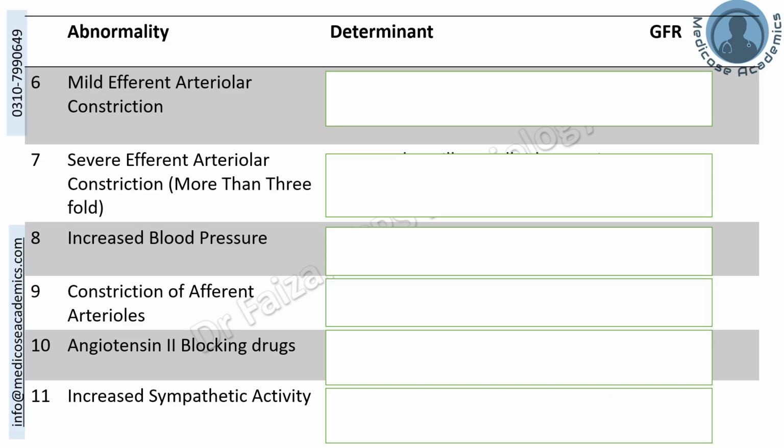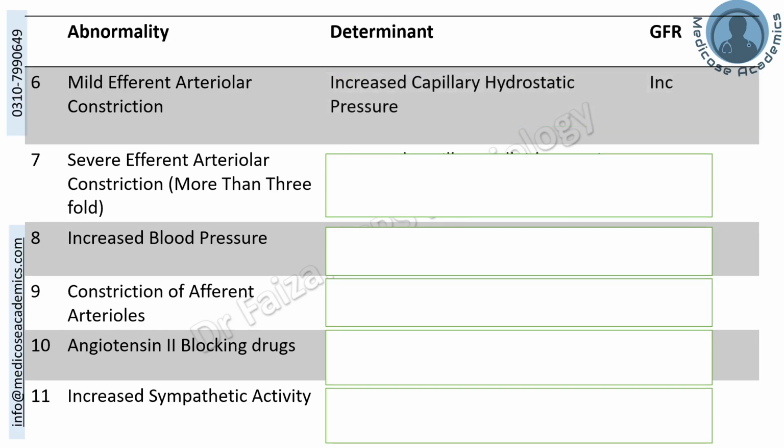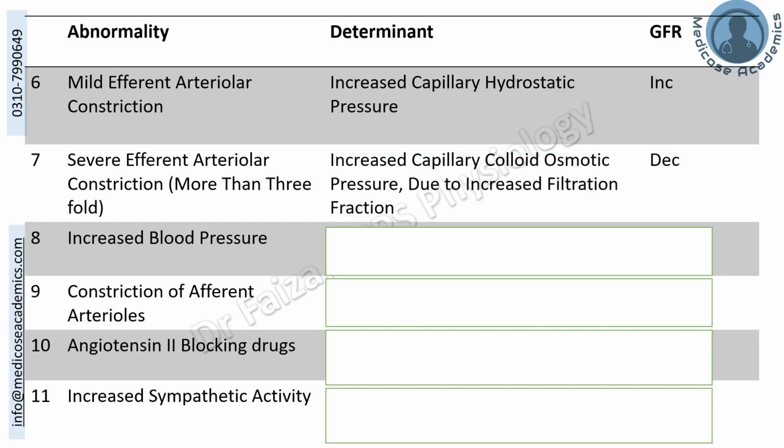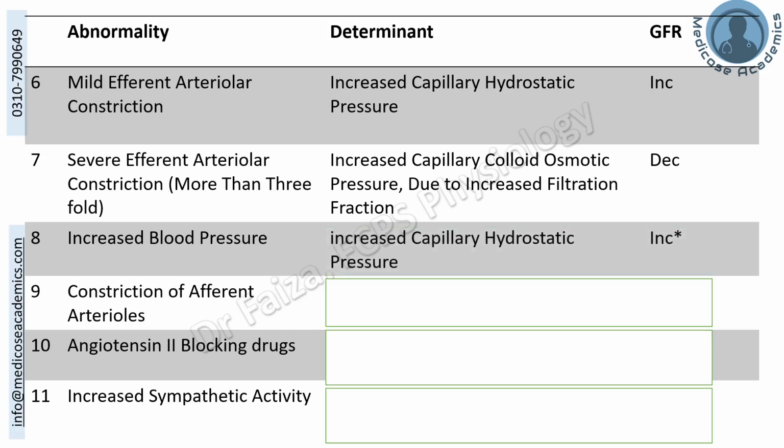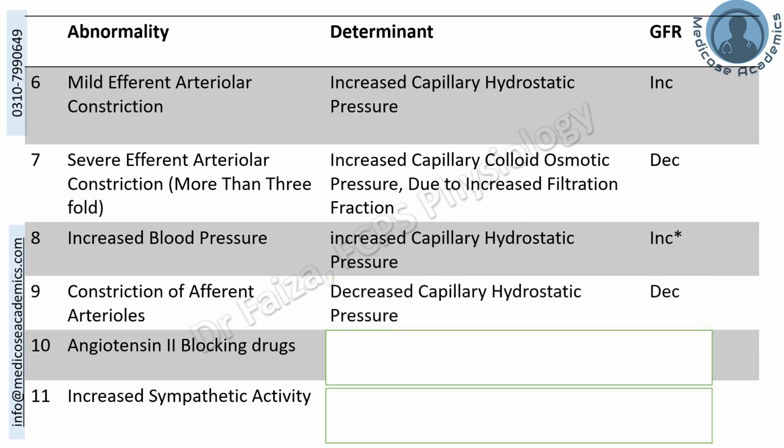Mild efferent arteriolar constriction, for example, by release of angiotensin 2, will increase the capillary hydrostatic pressure, but severe efferent arteriolar constriction, maybe 2 to more than 3 times, will reduce the renal plasma flow and decrease the GFR. Increased blood pressure will increase GFR by increasing glomerular capillary hydrostatic pressure. Constriction of afferent arteriole will reduce this hydrostatic pressure.